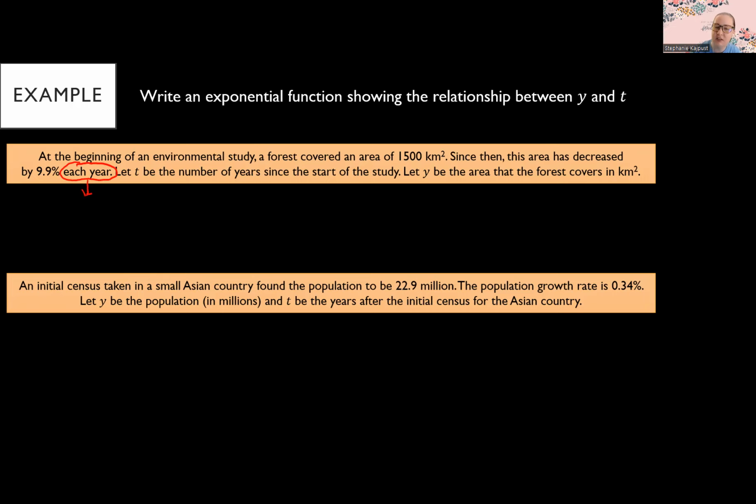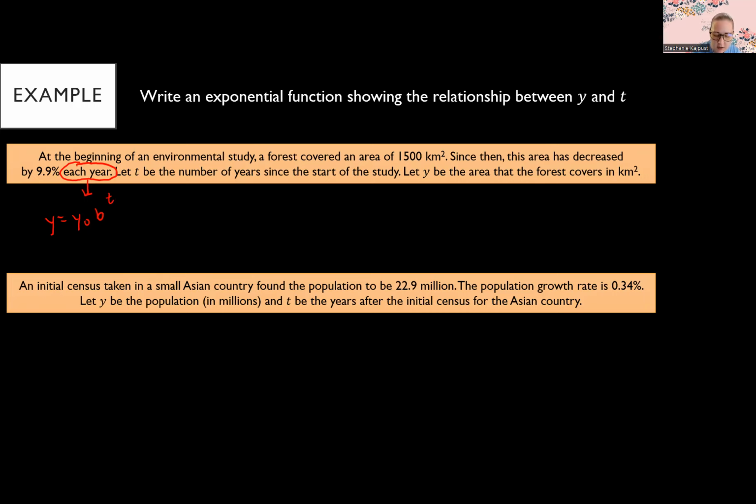So when you see each year, that tells you that you're using the model with b to the x. But in this case, because we're using t as our input, it's going to be b to the t instead of x. But each year, so if it's something happening once a year, that's the model that you're going to go for. So I look there.